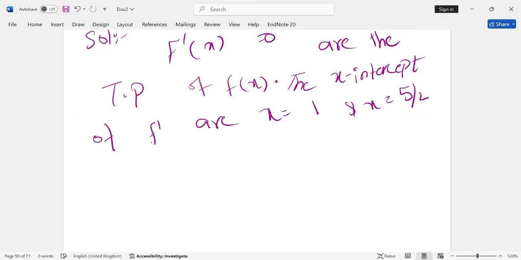That's the fundamental relationship between a function and its derivative: the critical points of f correspond to the roots of f prime. So this is the required answer for 9.2.